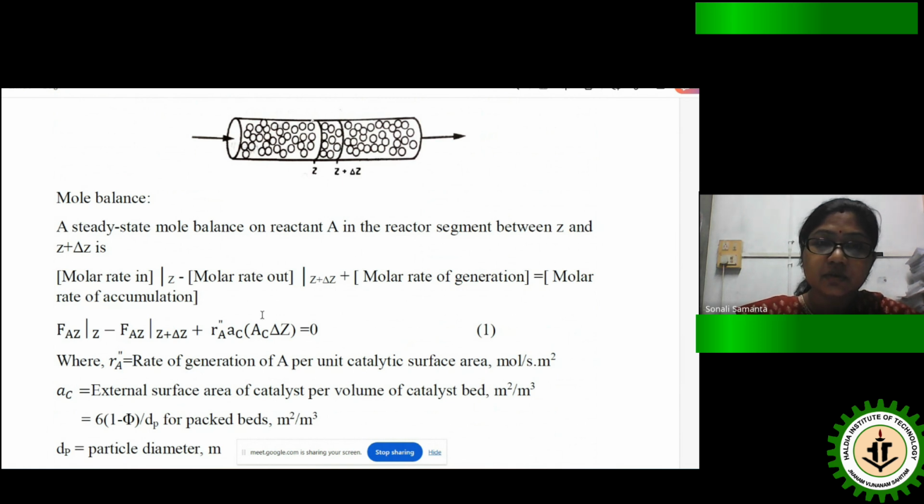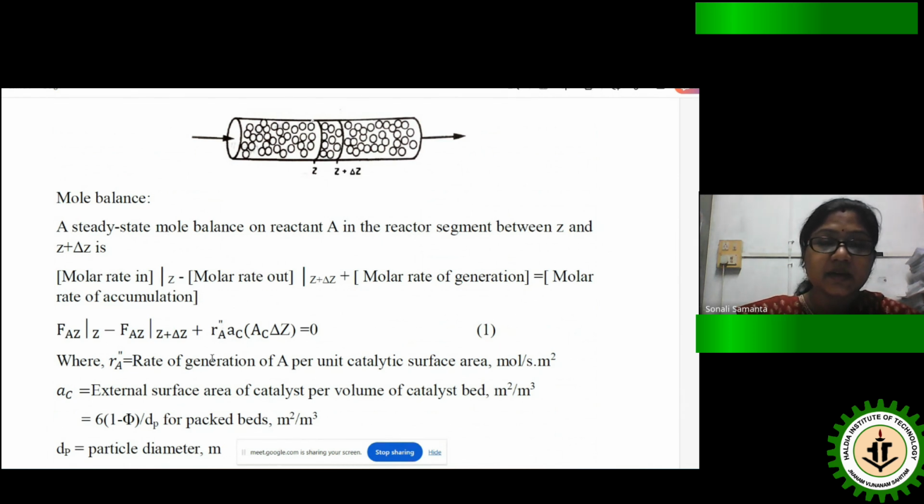And this a_c is the external surface area of the catalyst particles per unit volume. So that will be external surface area, meter square per meter cube, times meter cube, that gives you meter square, and the molar rate is moles per meter square per second.